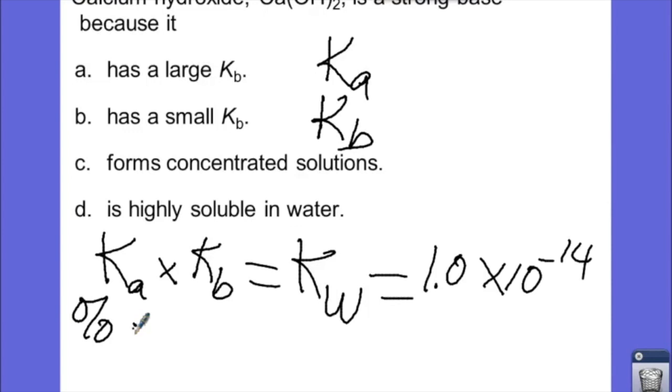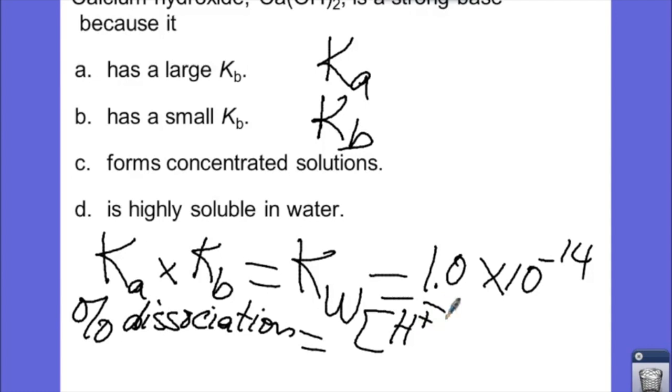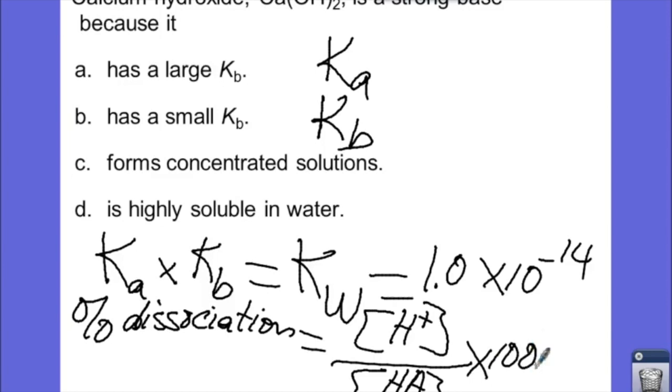I need for you to write percent dissociation of an acid equal, okay, it is the amount ionized, it would be your H plus, over the initial concentration of the acid. I will call it HA, times 100 because it is percent.